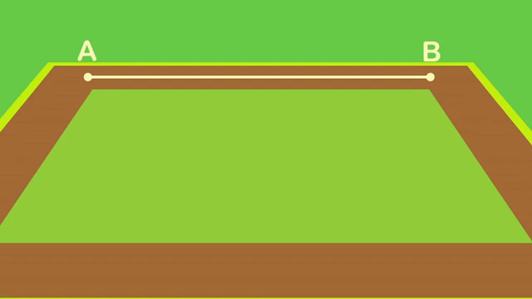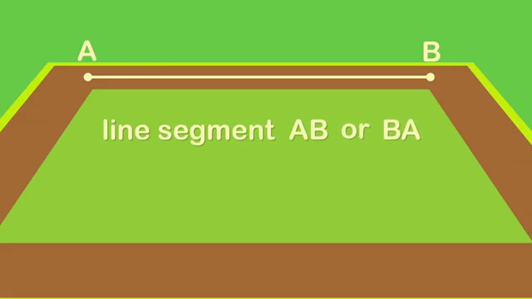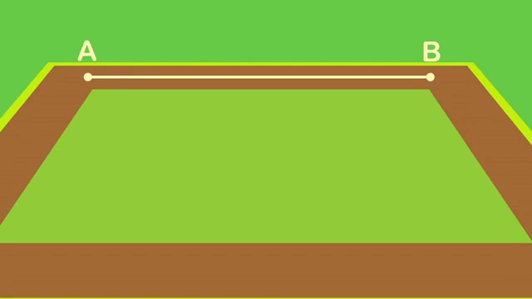We can even say that a line segment is a part of a line which has a fixed length. The given line segment can be read as line segment AB or BA. It can be written as segment AB or segment BA.